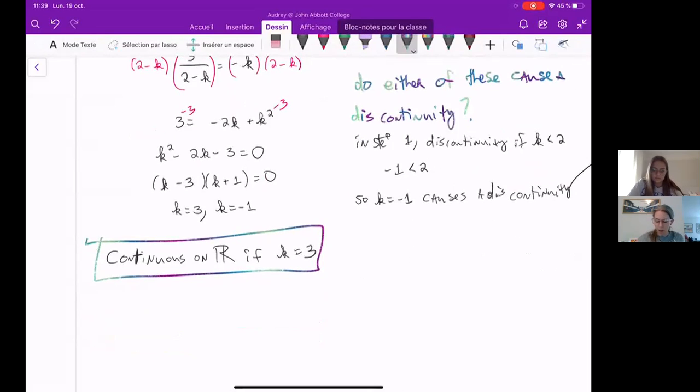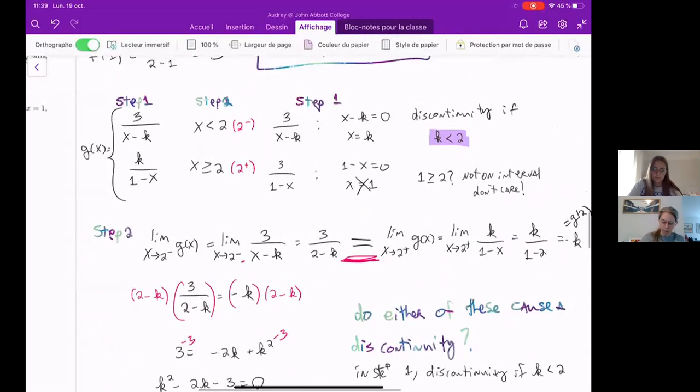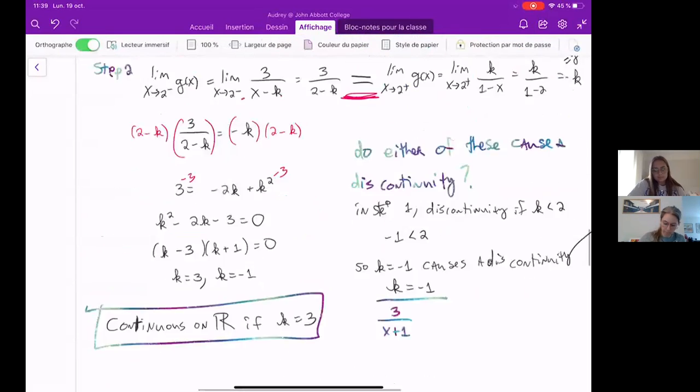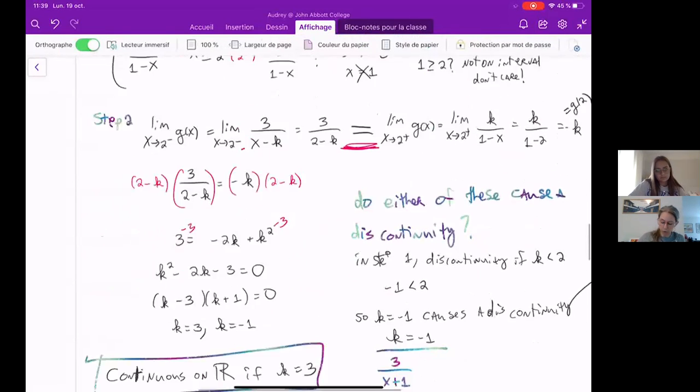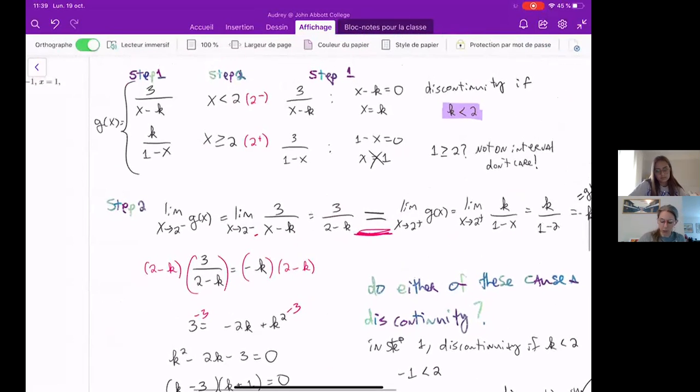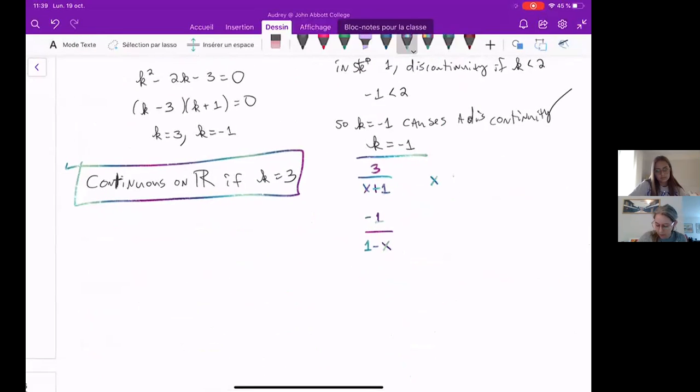So if I plug in k is equal to negative 1 to this problem, then what I'm going to end up with is 3 over x plus 1 and negative 1 over 1 minus x. Up top, we have x less than 2, and on the bottom, we have x greater than or equal to 2, right?